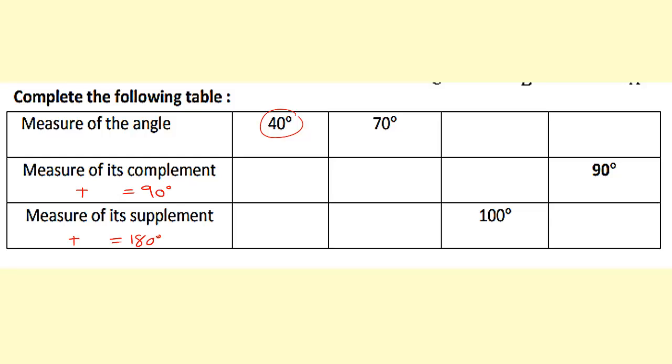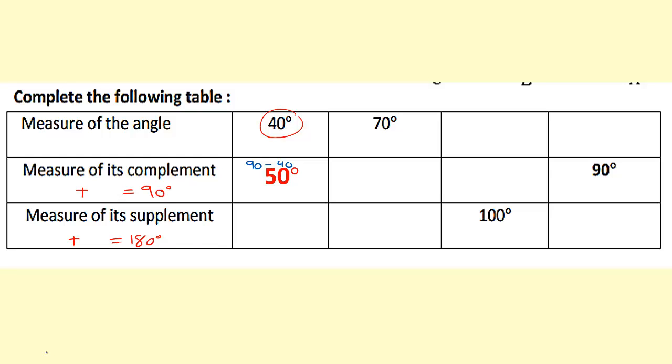So, knowing that the measure of the angle is 40, what does it complement? Simply, I'm going to make 90 minus 40, and my answer is 50 degrees. So, the angle which measures 40 degrees complements an angle with the measure of 50 degrees. And what is the measure of the angle which supplements the 40 degrees?